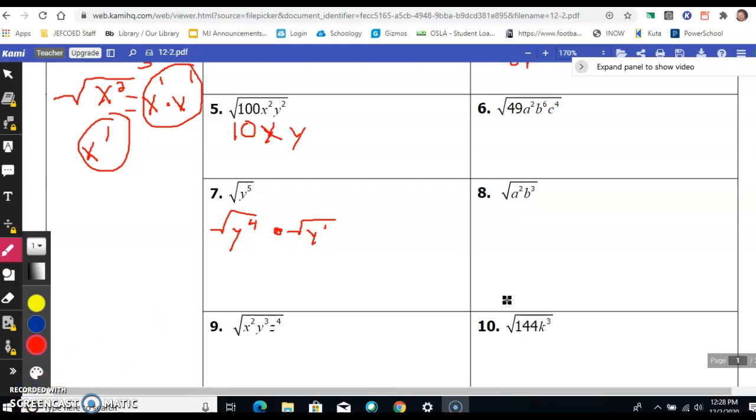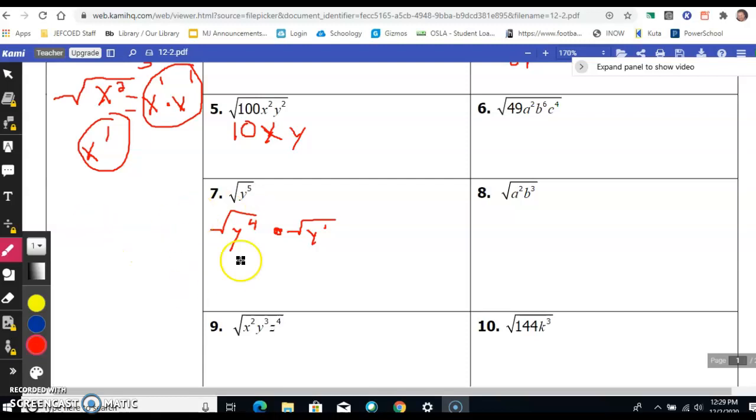Now, what we've been studying in the previous weeks, guys, with our exponent rules, you should know that y to the 4th times y to the 1 is the same thing as what? Y to the 5th. Would y'all agree that those are the same value? Okay. Now, this is where we split it into 2 groups. One group is what we can take the square root of, and the other group is what we cannot take the square root of.